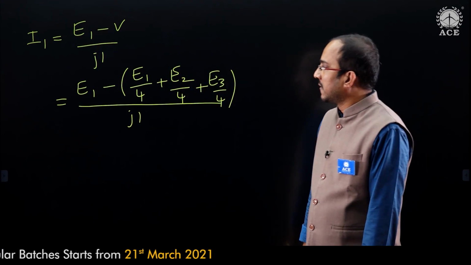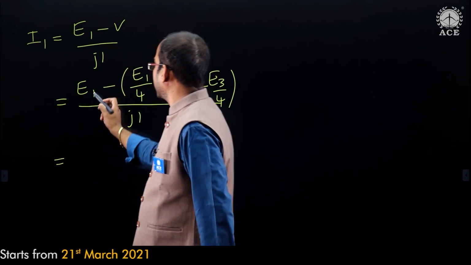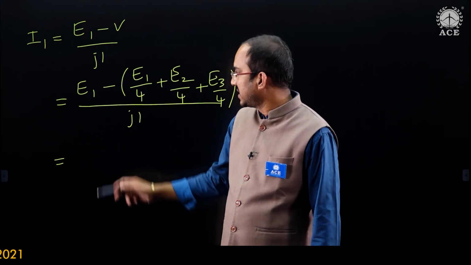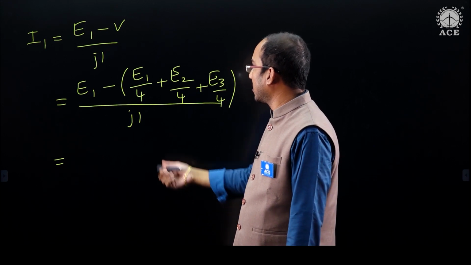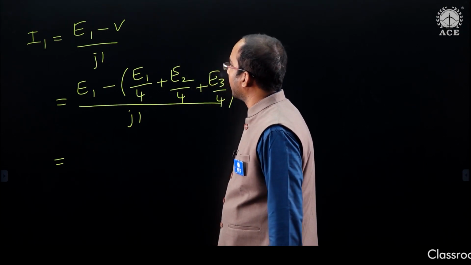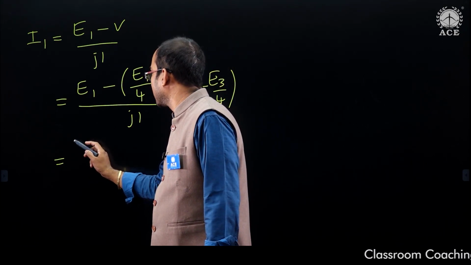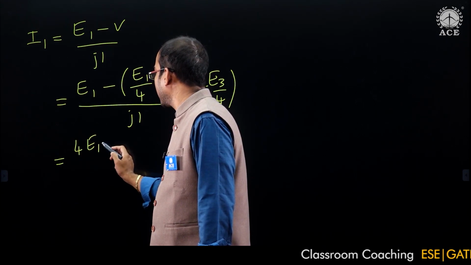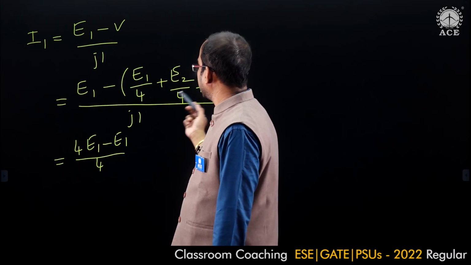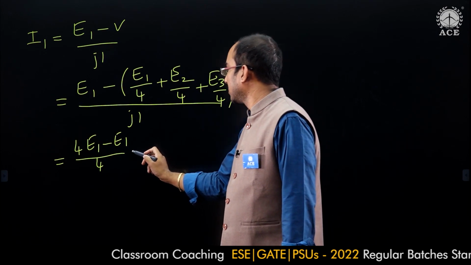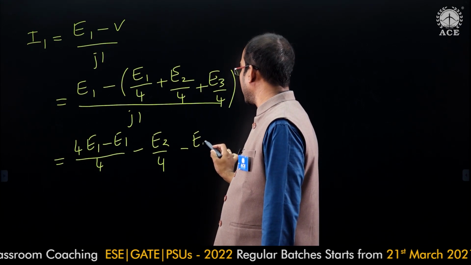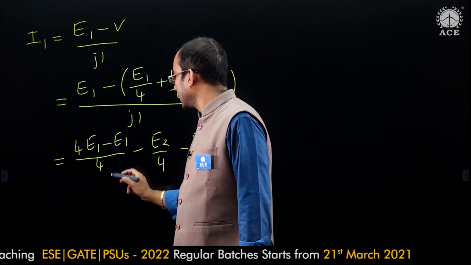Now if you simplify this, E1 minus E1 by 4 is 3 by 4, and minus E2 by 4 minus E3 by 4, with J common in the denominator, 4J.